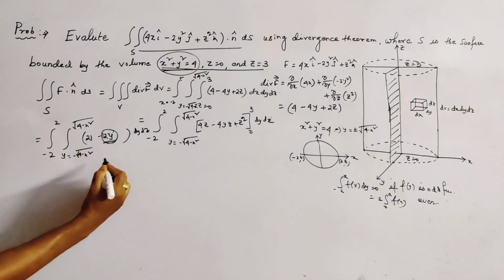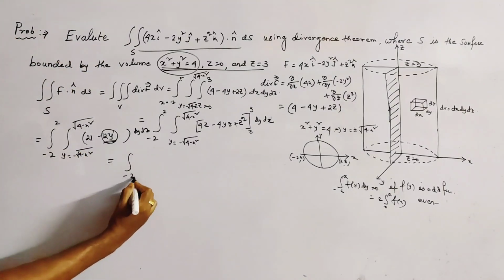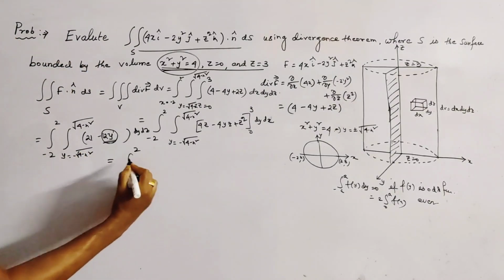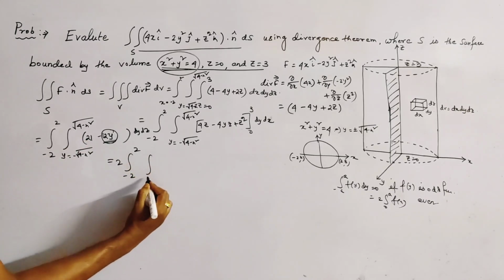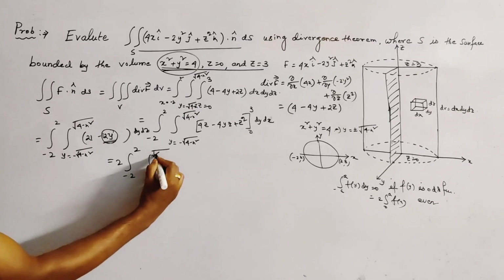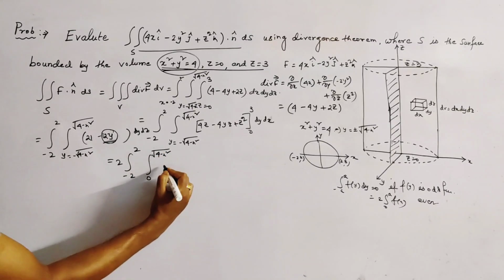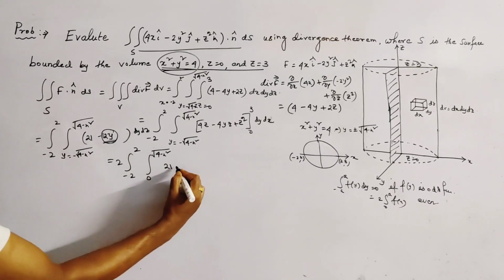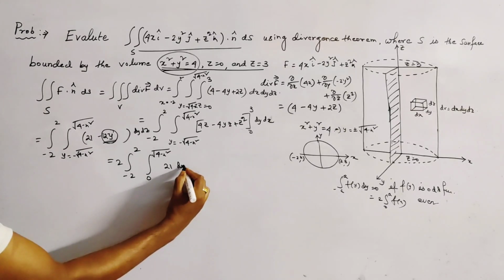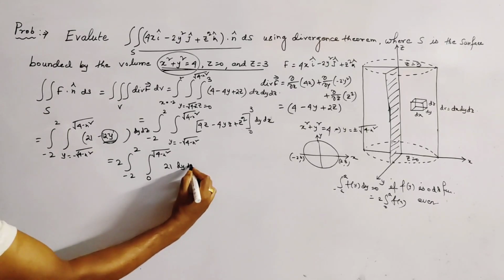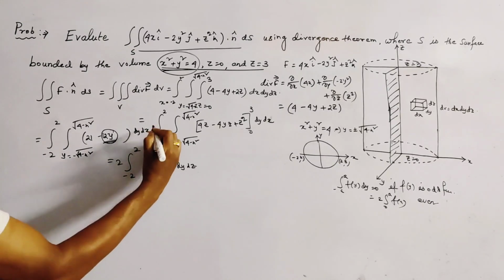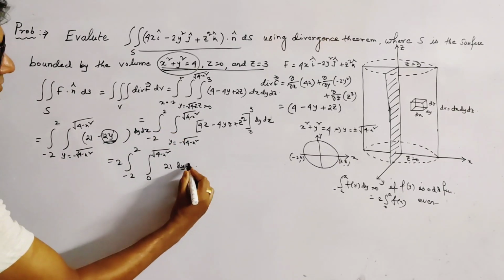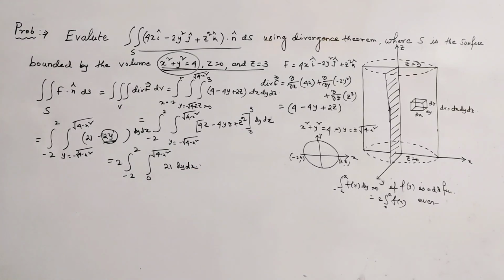So we get the integral from minus 2 to 2 of 2 into the integral from 0 to root of 4 minus x² of 21 dy dx.